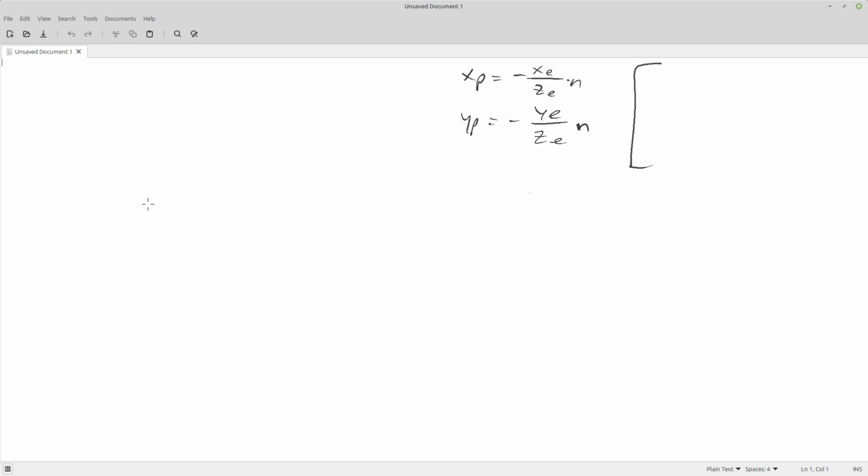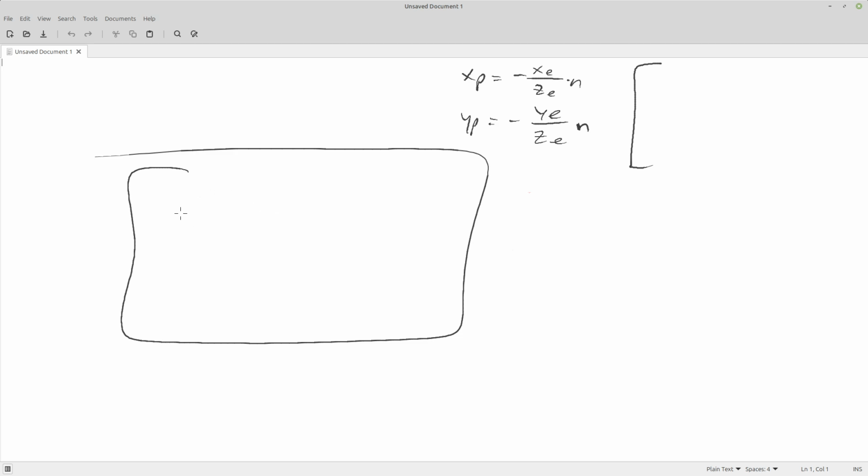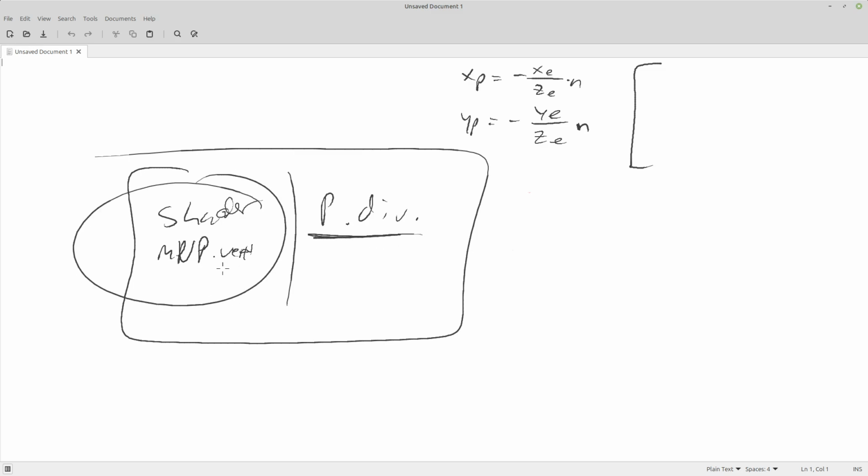So again, remember, the overall process has the shader stuff, the MVP multiplication by the vertex, like I said, and then it also has the perspective divide. It's not actually all one step, so we need to make sure we are still able to do the perspective divide after we do all this and modify the vertices in very serious ways.